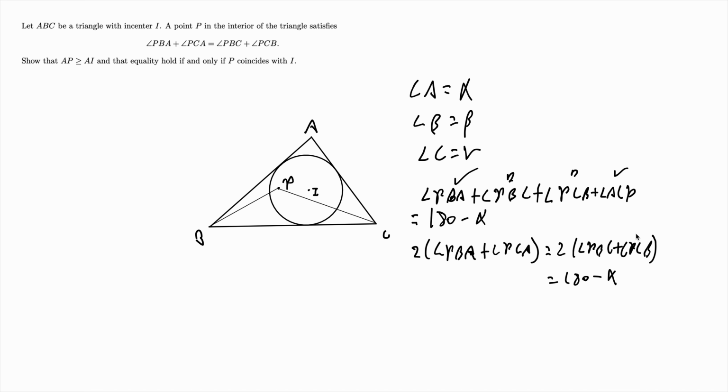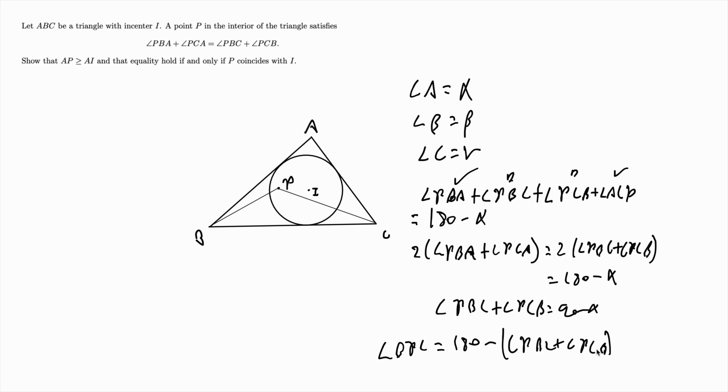So let's take a look at these two. Angle PBC plus angle PCB equals 90 minus alpha. The reason why we want to look at these two is because we see a triangle here. So therefore angle BPC equals 180 minus the sum of angle PBC and angle PCB.